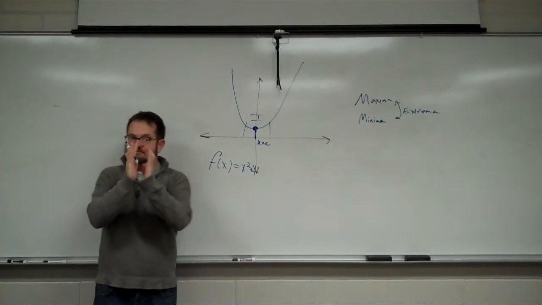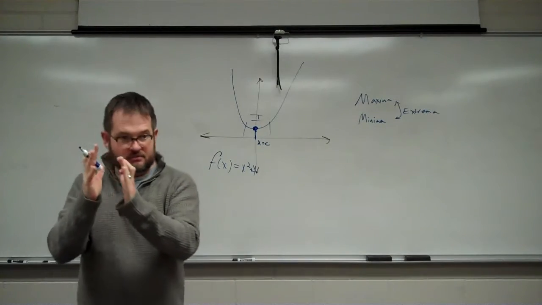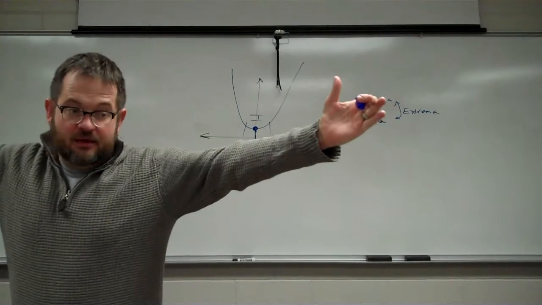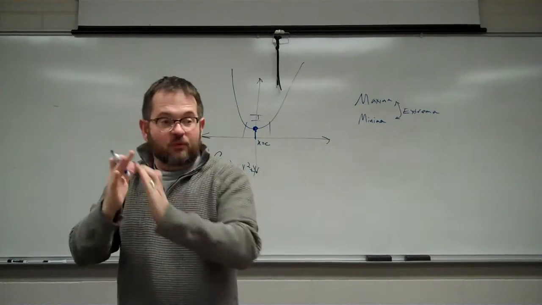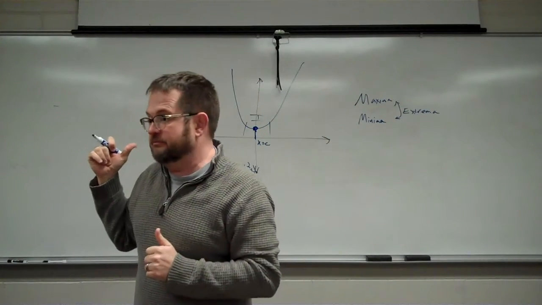Now that range might be really small. That doesn't matter. It might be really big. That range might be negative infinity to infinity, but in that range, this is the smallest one.